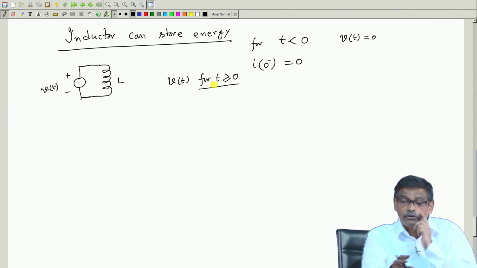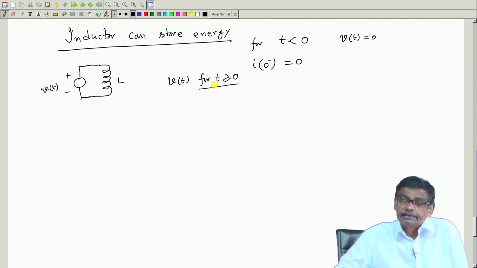I have applied a voltage across the inductor, and I want to solve for the current.